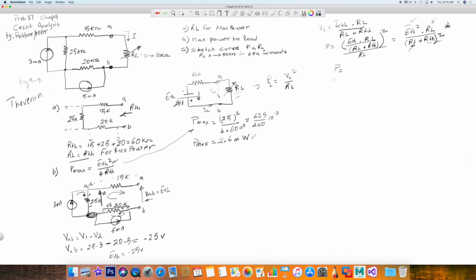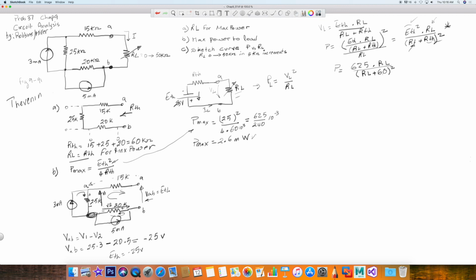So for P, you're going to have ETH squared, which is 625, times RL. So this is what you're going to be working with, divided by RL plus RTH, and RTH happens to be 60, and make sure you square this. Now, RL is in 10 to the third.